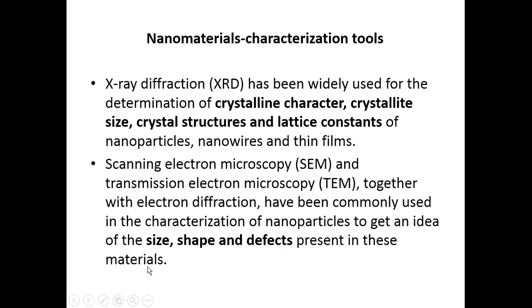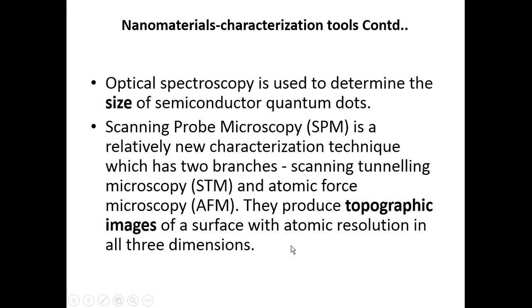Usually, to know the size, shape and nano defects on materials, we rely upon scanning electron microscopy, SEM, and transmission electron microscopy, TEM. These are two electron microscopic tools used for characterizing nanoparticles in order to know the size, shape and defects present in the materials.